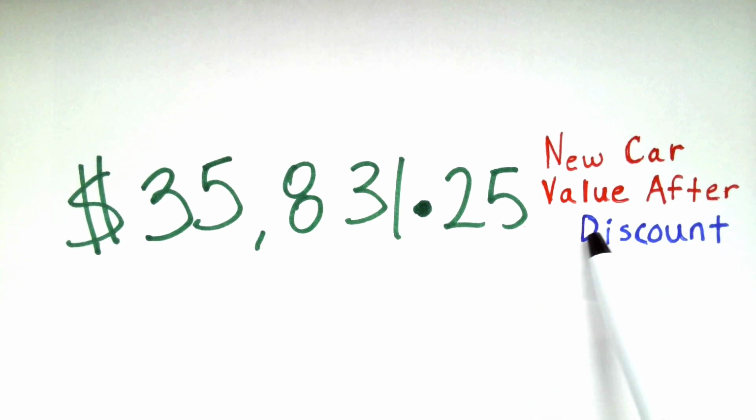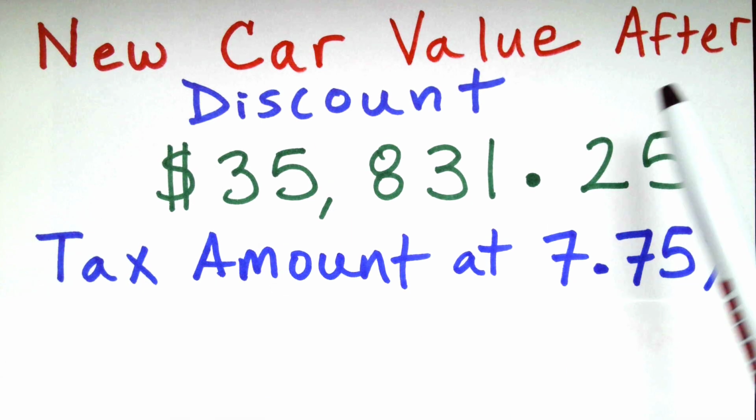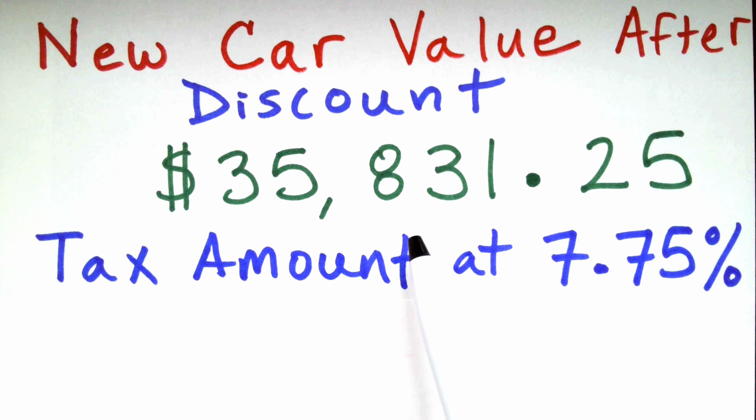All right, so as you can see here, the new car value after the discount was taken from the original price is $35,831.25. What are you going to do with this particular value if the tax is 7.75%? Here we have our new car value after the discount, $35,831.25.